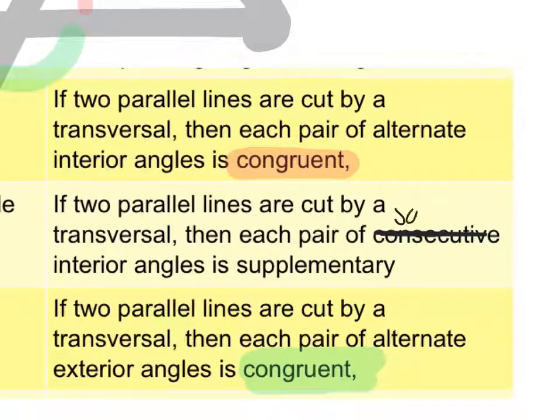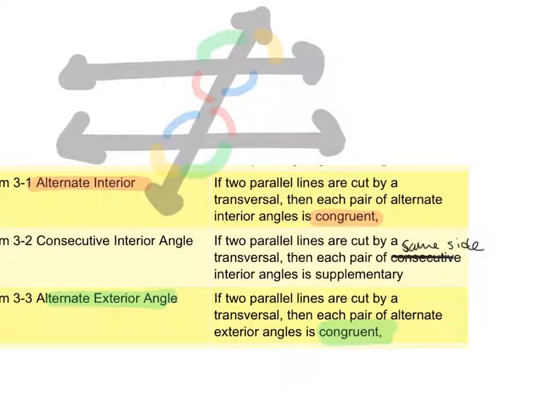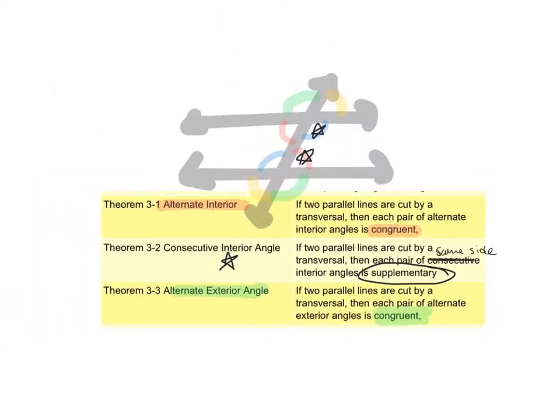So same side interior would be this angle and this one, the two with the stars. And these are supplementary angles. So same side interior angles are supplementary. What does it mean to be supplementary? They add up to 180.